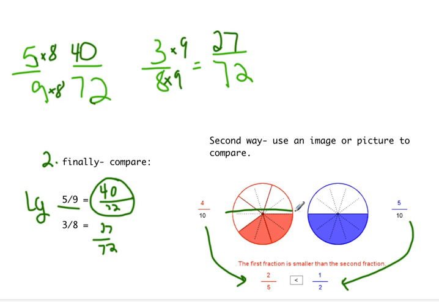If I look at this portion, which is colored in red, and this portion, which is colored in blue, which shaded area is bigger? If you said 5/10, which is half of the circle, that's actually more than 4/10 or 2/5. So therefore, this fraction, 5/10, is larger.